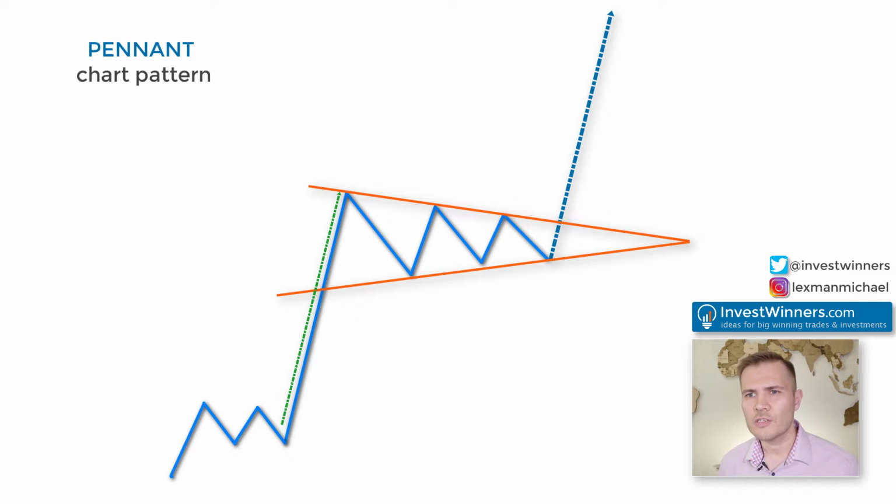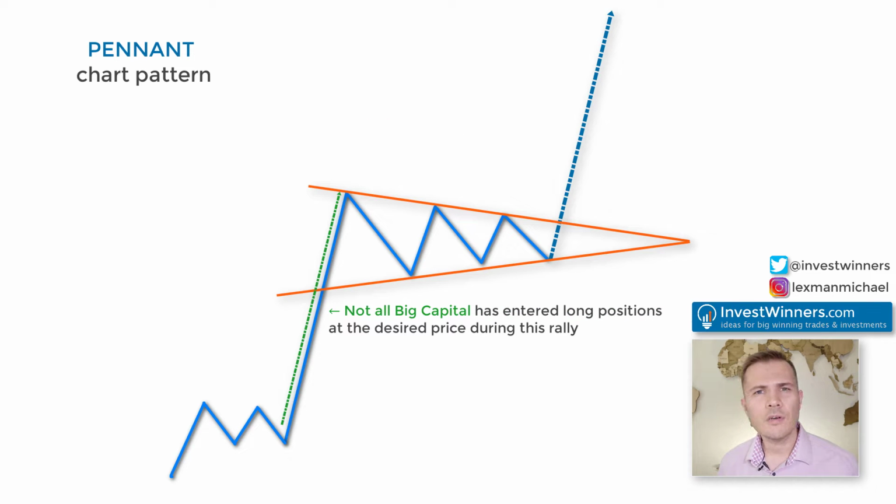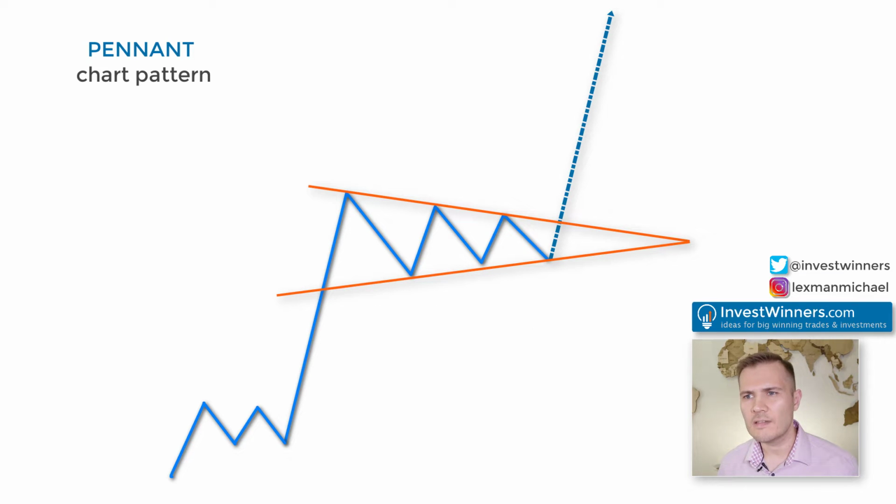During a relatively short-term period of the rally, not all big capital has entered long positions at the desired price. The large market powers intend to increase their positions by buying stocks from the crowd at a lower cost. Therefore, they stop buying and thus stop giving a boost to the price rally at this point. The price starts to decrease and at a certain level big capital buys off stocks from the crowd. This is how the bottom pennant pattern trendline is formed.